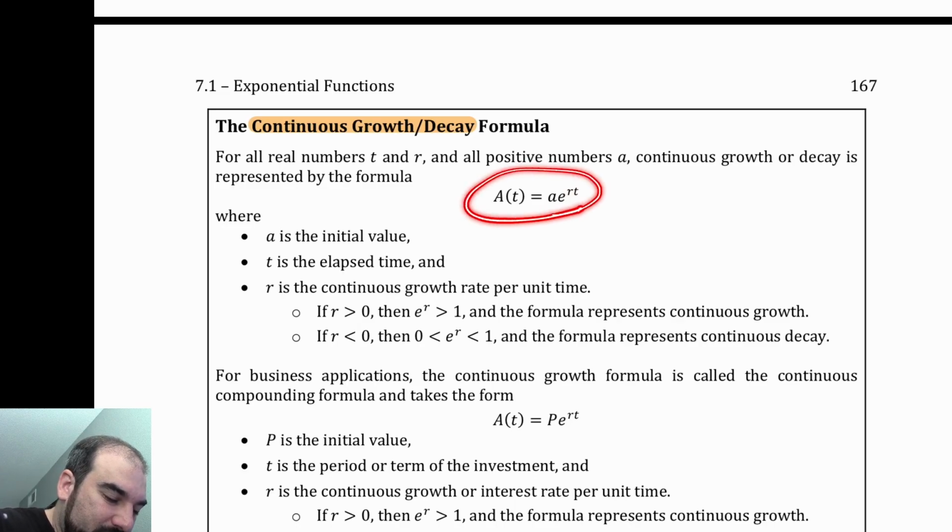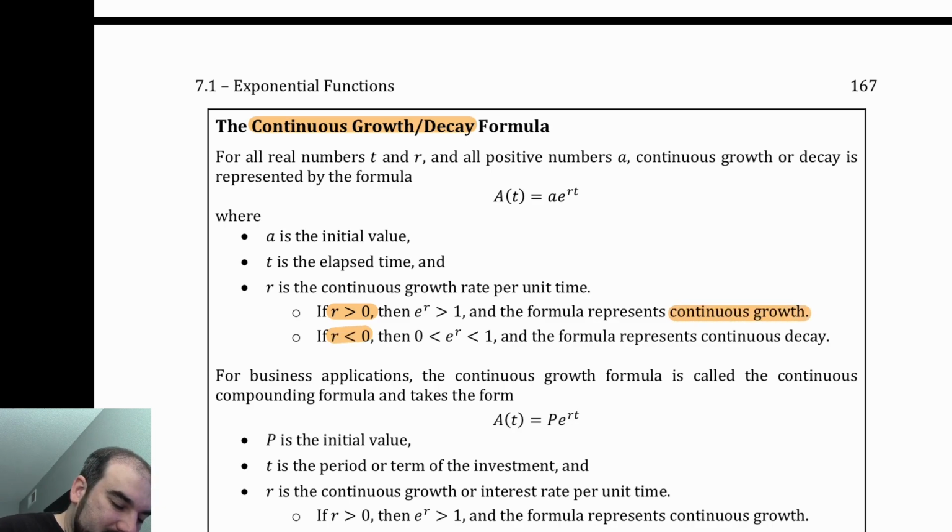So these types of formulas, the compound continuous growth or decay formula, the growth or decay depends on the r. If r is positive, then we have continuous growth. If r is negative, then we have continuous decay. Essentially, if you want to understand why that's happening, if I have e to a positive number like e squared, that's a growth function, because you can think of it as e squared to the t power, right?